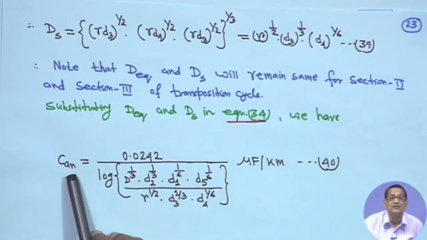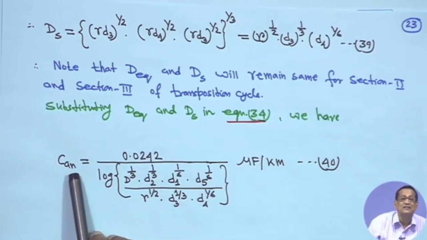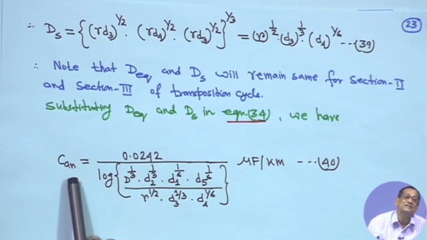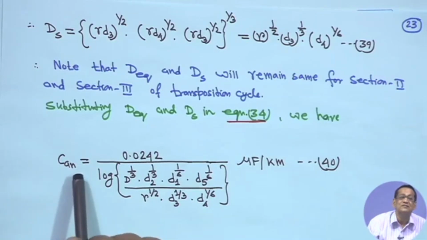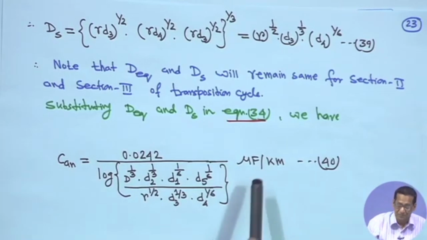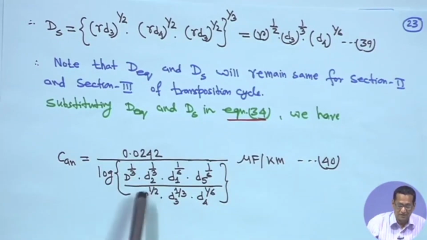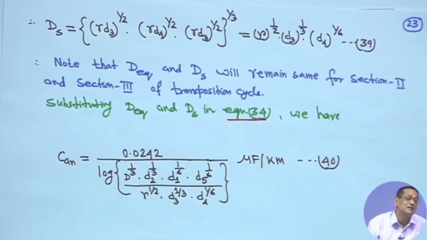So, this is basically one phase to neutral, right. It is a balanced system. So, CAN, CBN, CCN, all the expressions will have the same values, right. So, this is the line to neutral capacitance for the 3 phase double circuit line. This is the expression, right.